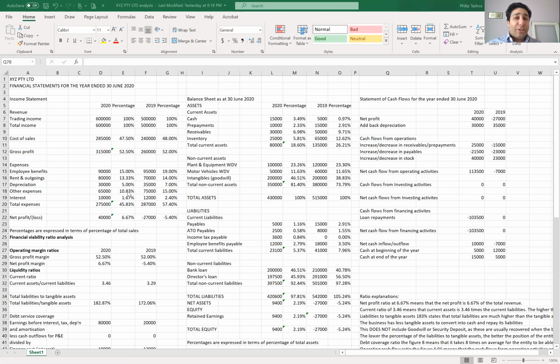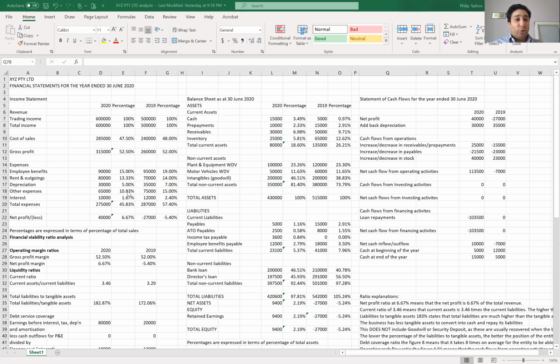Now, this kind of analysis in the income statement is what's widely used by the taxation department in looking at all the business tax returns and gathering together all of the industries in which these businesses are in, and they set an industry benchmark.